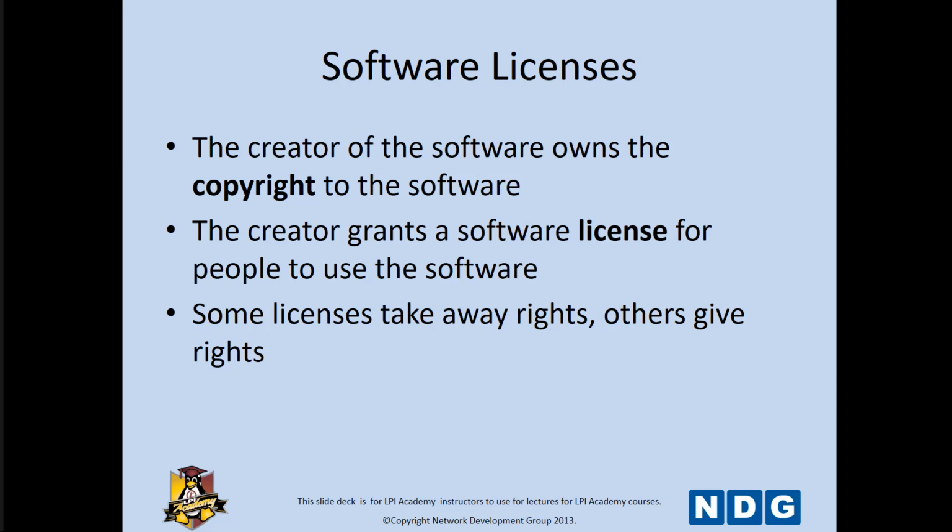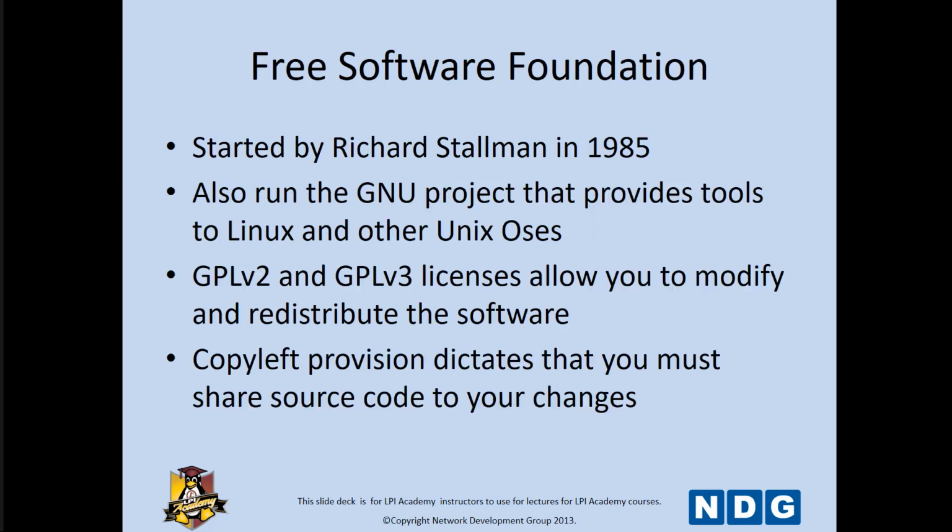Some licenses take rights away. Others give you rights. It just depends. The Free Software Foundation, started by Richard Stallman in 1985, also runs the GNU project that provides tools for Linux and Unix OSs.